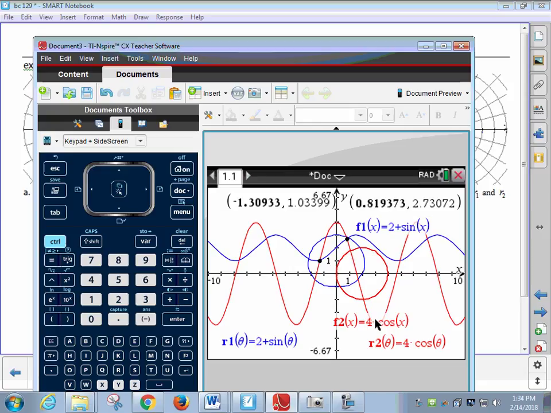I could also have gone all the way around, and that would be the second positive intersection. But we said closer to the origin is better. Negative angle, negative intersection point.